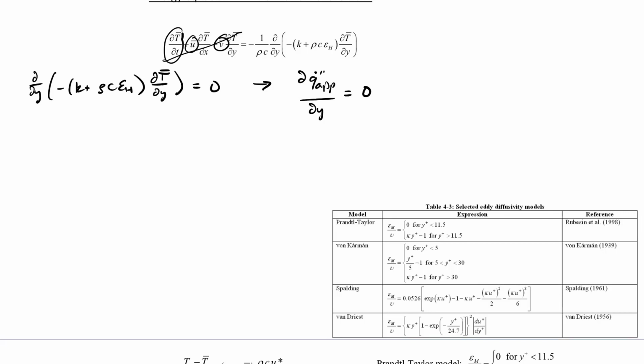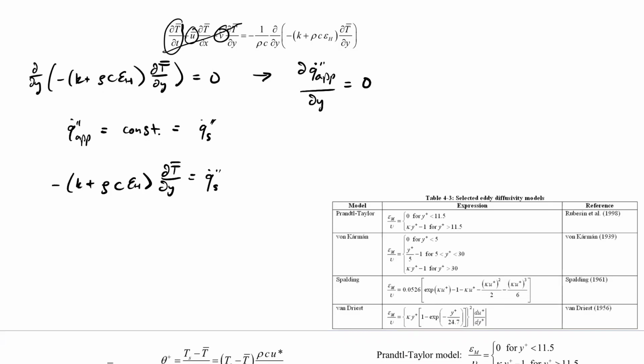So the apparent heat flux is not changing as a function of position y here, which means that q dot double prime apparent is a constant. And we'll say that that's equal to the heat flux at the surface, q dot double prime s. Okay, then rewriting our equation, we have minus k plus rho c epsilon h dT bar dy is equal to q dot double prime s.